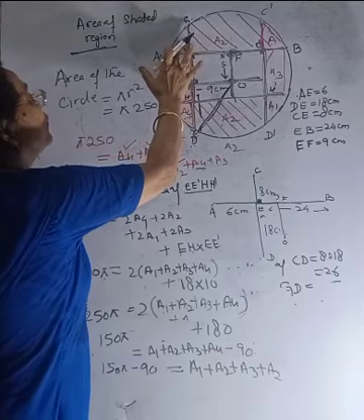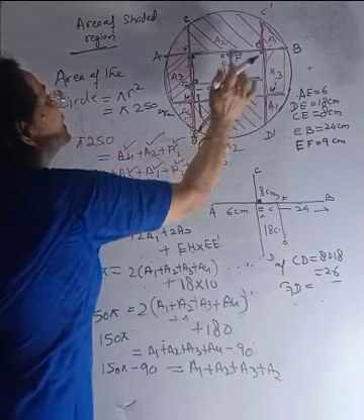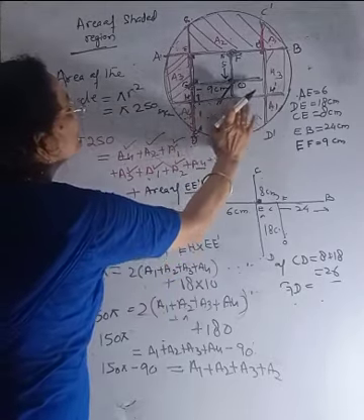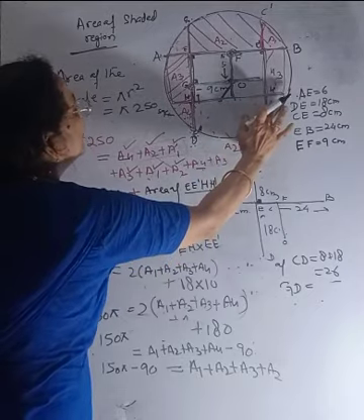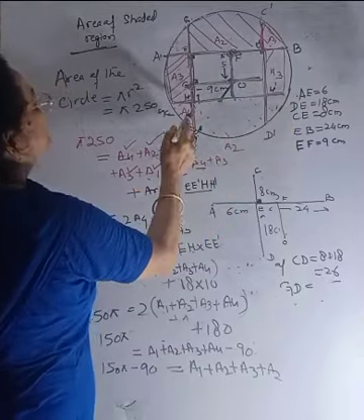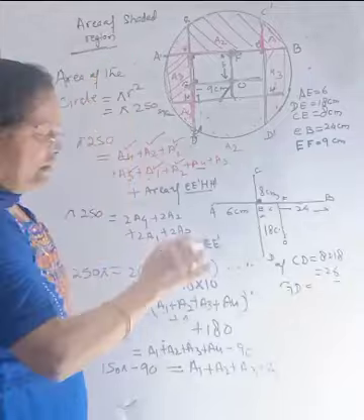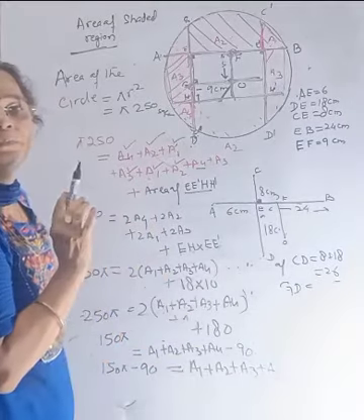We have to consider only this portion, and this is not to be considered. We have to find only this portion, which is the addition of A1 plus A2 plus A3 plus A4. This is what we have obtained.